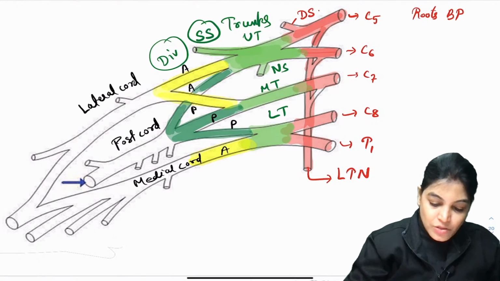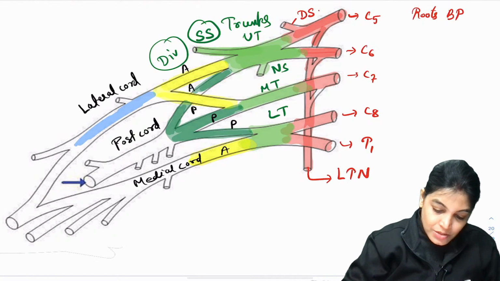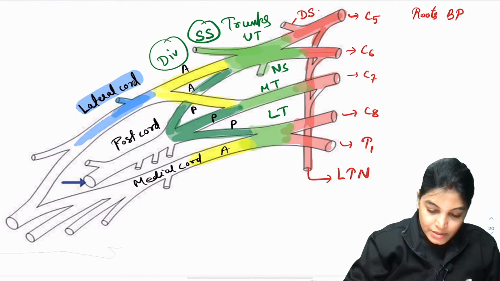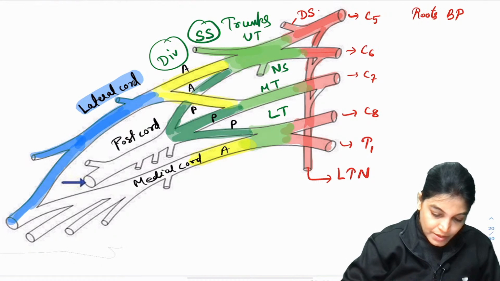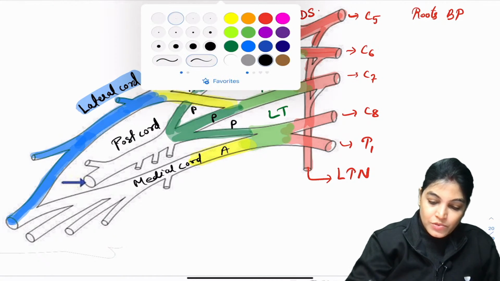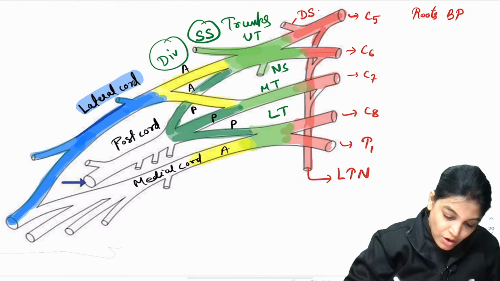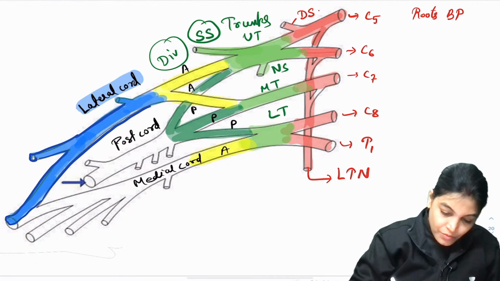So, let's see the branches of the individual cords. Firstly, I would like to show you the branches of the lateral cord. Let me use blue color for it so that you can understand. See here, this is the lateral cord, and the branches of the lateral cord will be the following.